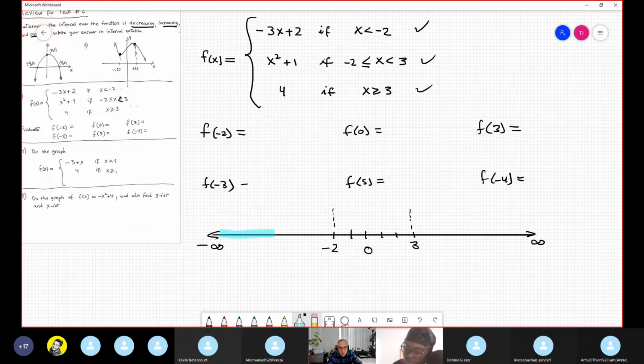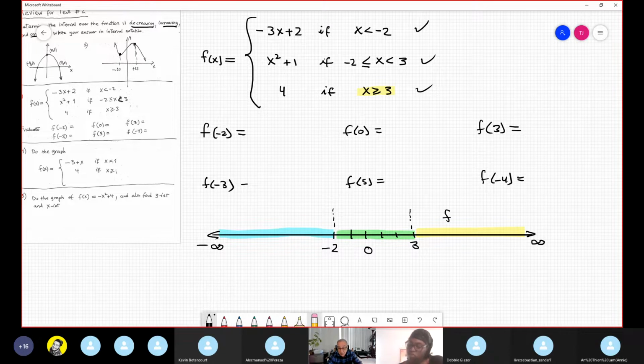This interval, maybe using a different color, this interval, and this interval. And now, in the yellow interval, the function is equal to 4.